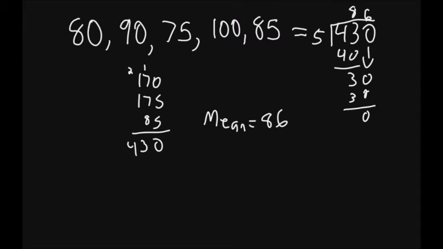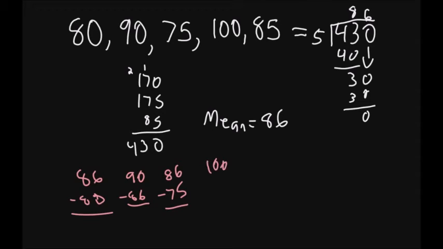And then to work on my mean absolute deviation, I take that 86 and I'm going to start subtracting it from every one of those numbers. So 86 minus 80, 90 minus 86, 86 minus 75, 100 minus 86, and 86 minus 85.